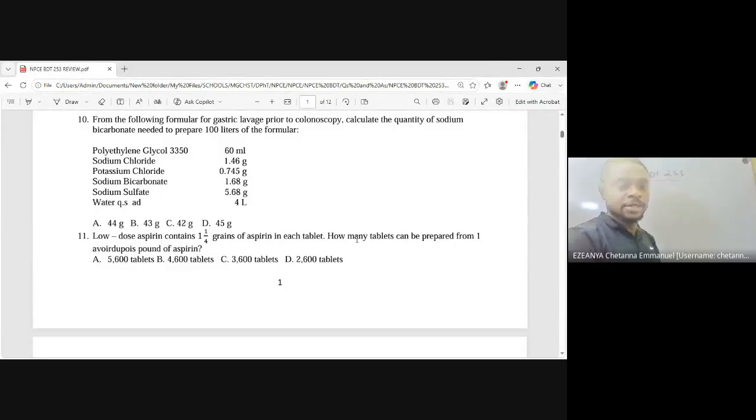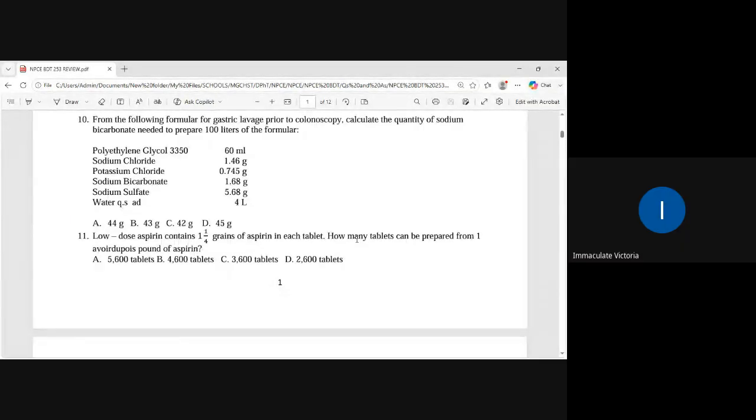Read the options. A 44 gram, B 43 gram, C 42 gram, D 45 gram.